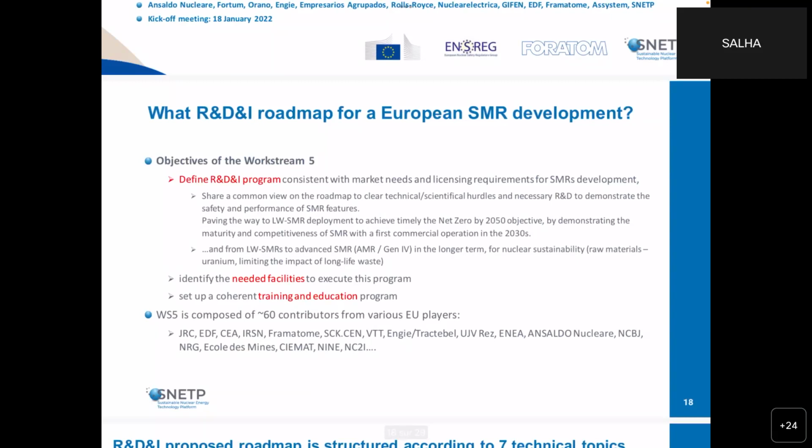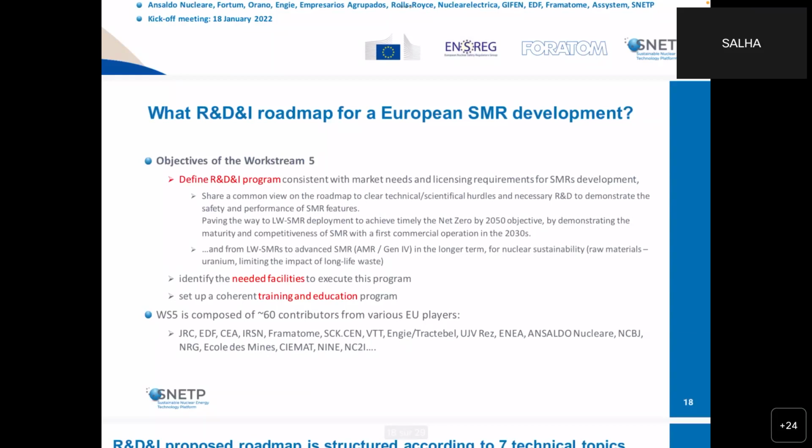Third and not least, especially with Marco and Polimi, the question of training and education is key. So if we have a program about SMRs, we are going to need new people, new bright, brilliant people willing to involve themselves in these activities, men and also women, quite important, in order to be the ones who are going to prepare our future.